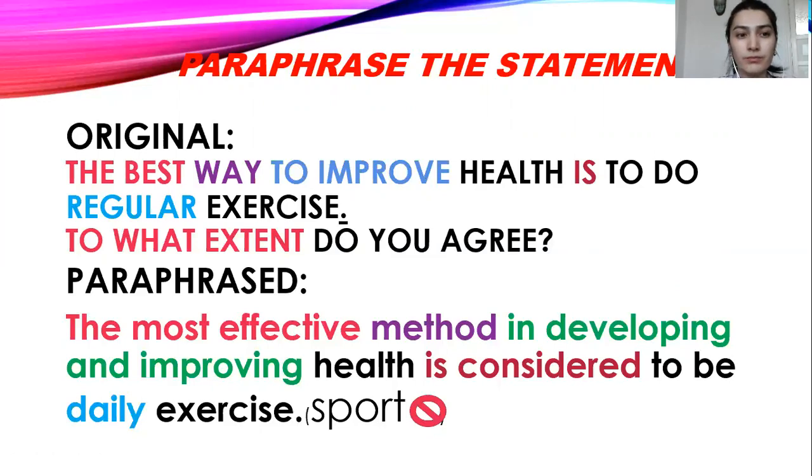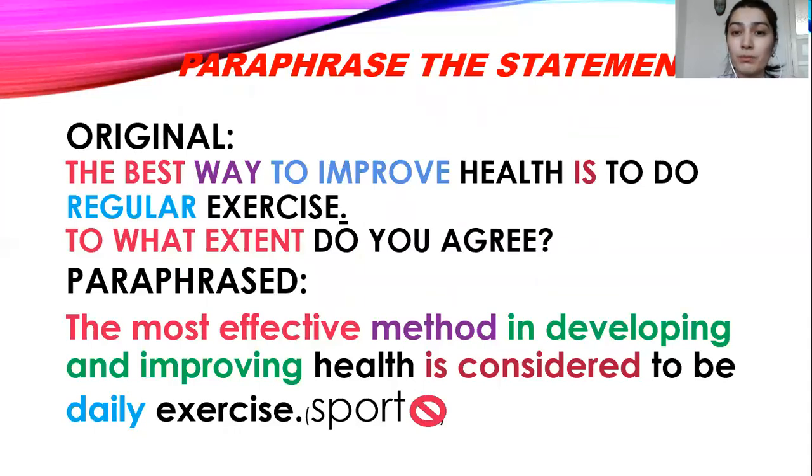And the paraphrased version is given here. The best: I have chosen the following synonyms, the most effective way, method. For to improve, I use the words in developing and improving: the most effective method in developing and improving. So as you notice, I used two words.